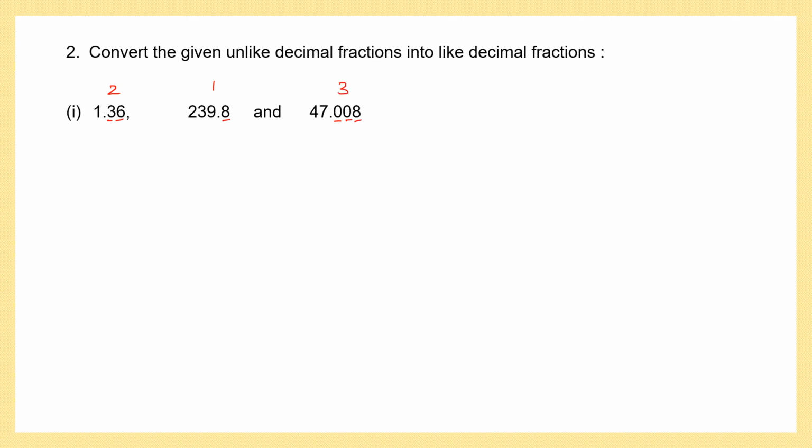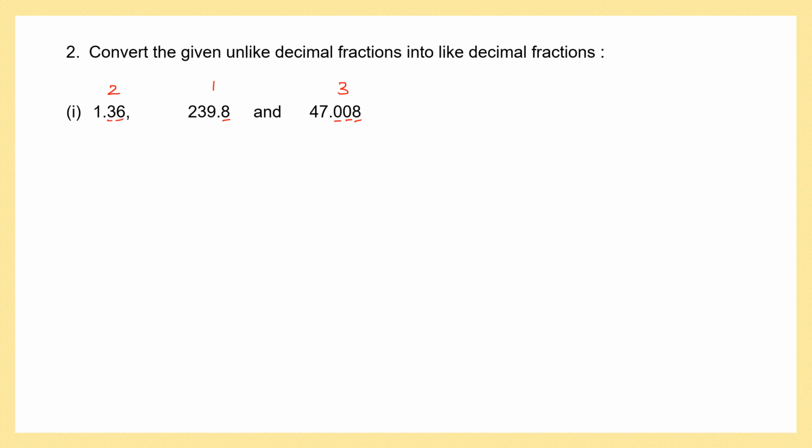If they have the same number of decimal places, then the numbers are called like decimal fractions. But here they have different numbers of decimal places, so they are called unlike decimal fractions. Now, to convert these unlike decimal fractions into like decimal fractions, we just need to add a 0 to the right of the decimal part.